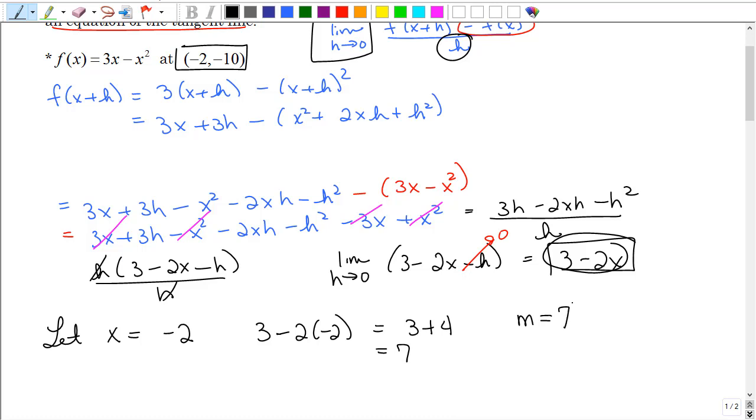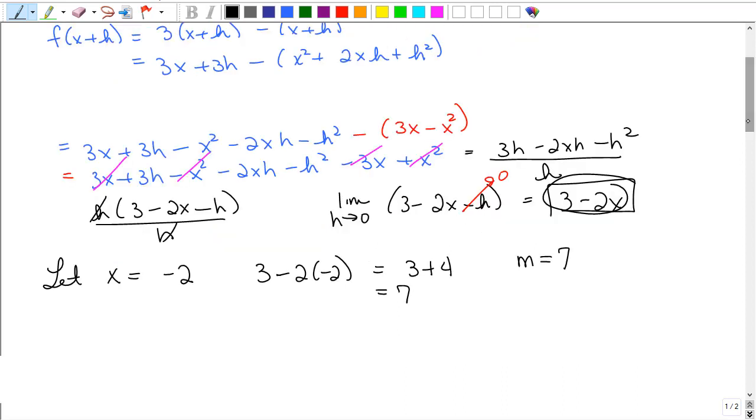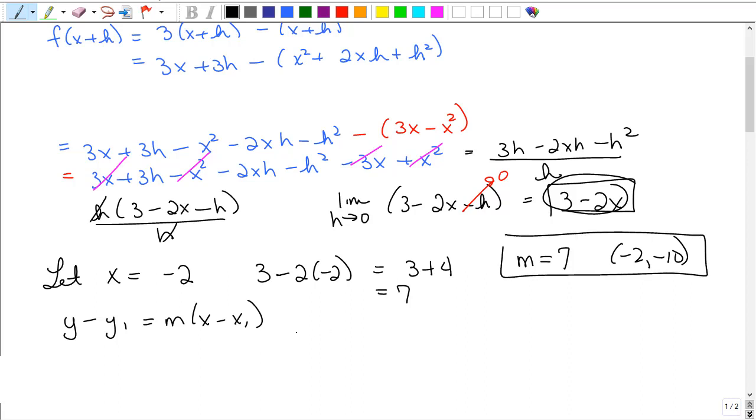The next thing it asks me to do is find the equation of the tangent line at that point. So we've got to go back to college algebra and review that. And we've seen that formula before. So I have the point -2, -10, and I have a slope of 7.